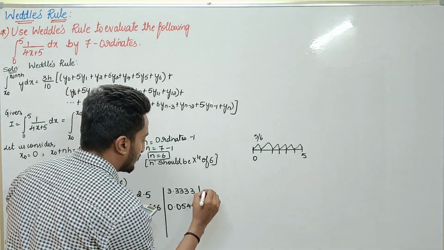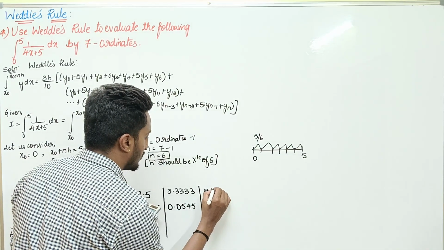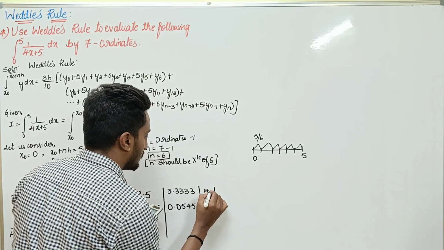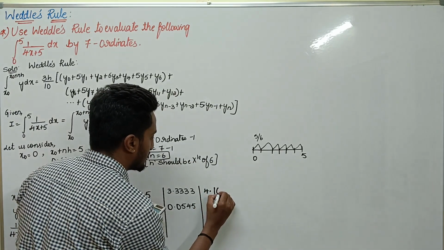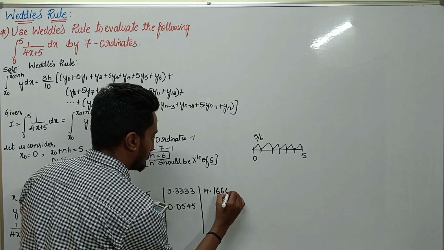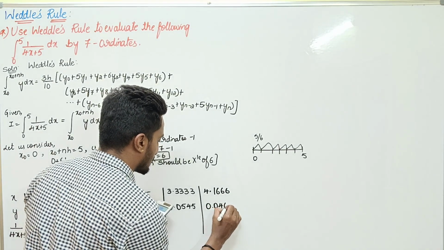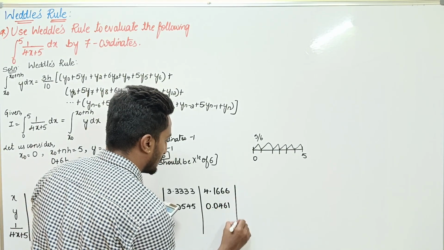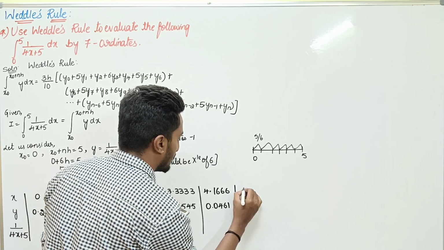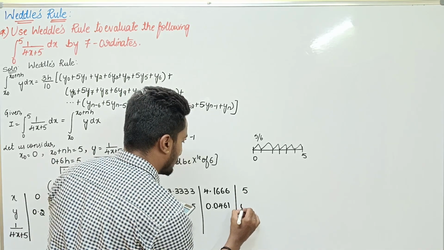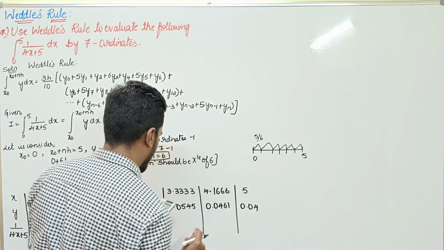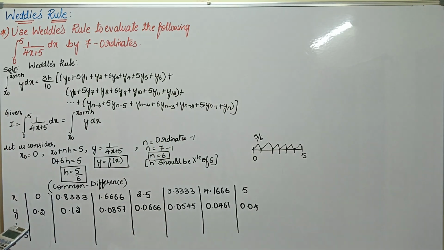Next, 4.1666, we get 0.0461, and the last, the 5, we get 0.04.